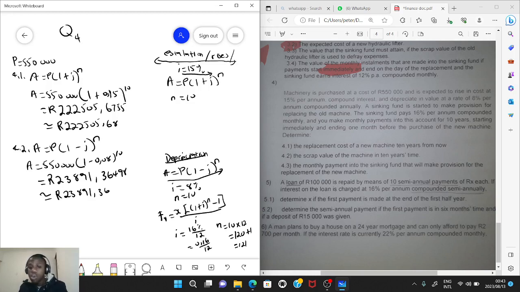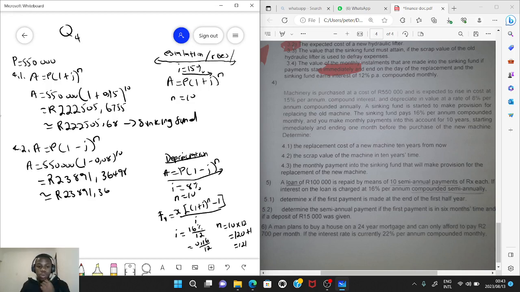In fact, he goes to the store and buys a new machine at the new price. The price comes from 4.1 because it has risen, right? We were told that it's going to escalate, that it has inflated, which means this value becomes your sinking fund because it's the value that he needs to be able to buy a new machine, right?